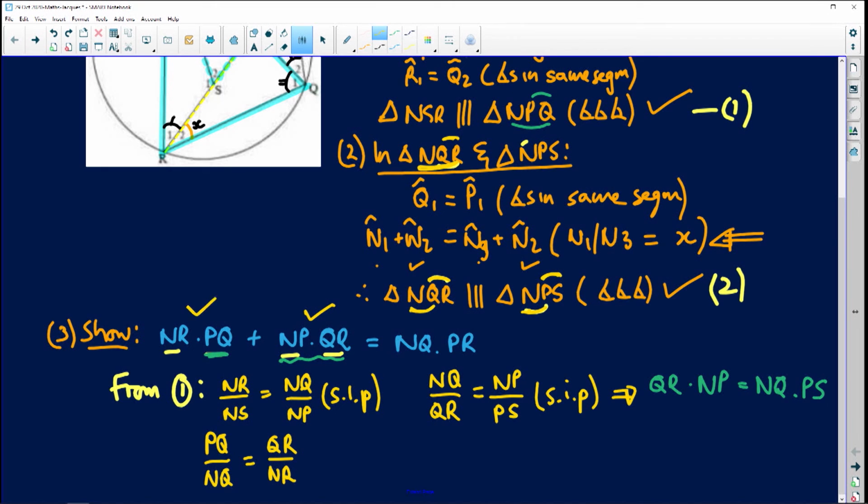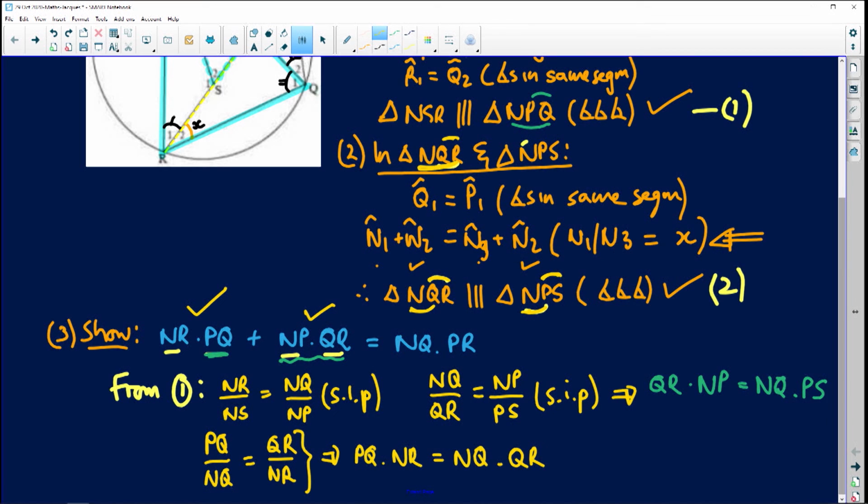We have this one if we use this ratio over there. So from that, we can say that PQ times NR, which is what I want, PQ times NR is equal to NQ times QR. Okay, now the proof comes in the pudding.